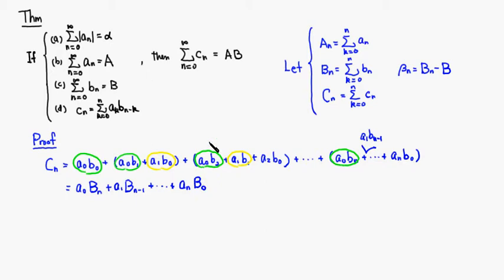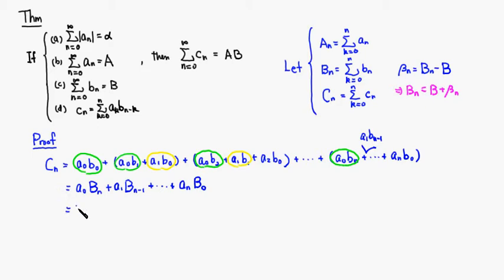Then what we're going to do is rewrite this using beta_n so that we can involve the sum B. So I'm going to solve for capital Bn. This can be written as capital B plus beta_n. So we put that in.